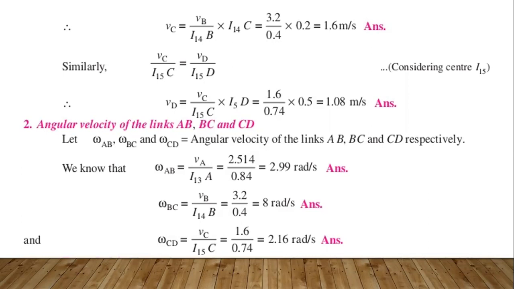And then for CD, omega of CD is velocity of C by instantaneous center of I15 into C, that is 1.6 divided by 0.74. So it is obtained as 2.16 radians per second. So that is the procedure to find the velocities and angular velocities using these centers.